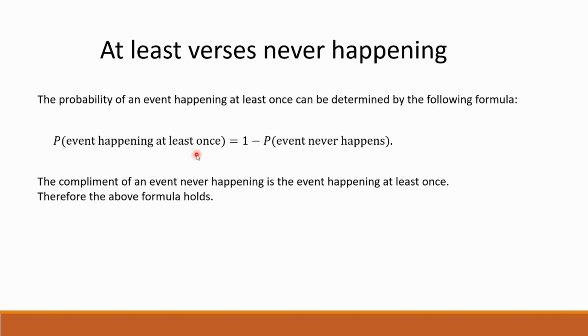Well, you might be thinking, why couldn't we just get the event happening at least once directly? Sometimes that can be very, very complicated. It doesn't always happen, but as far as I know, finding the probability that an event never happens is a lot easier than determining the probability an event happens at least once.